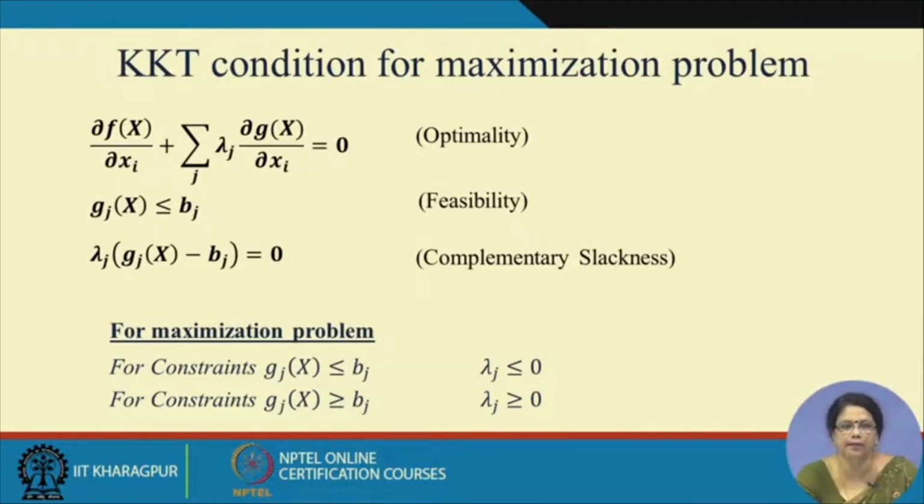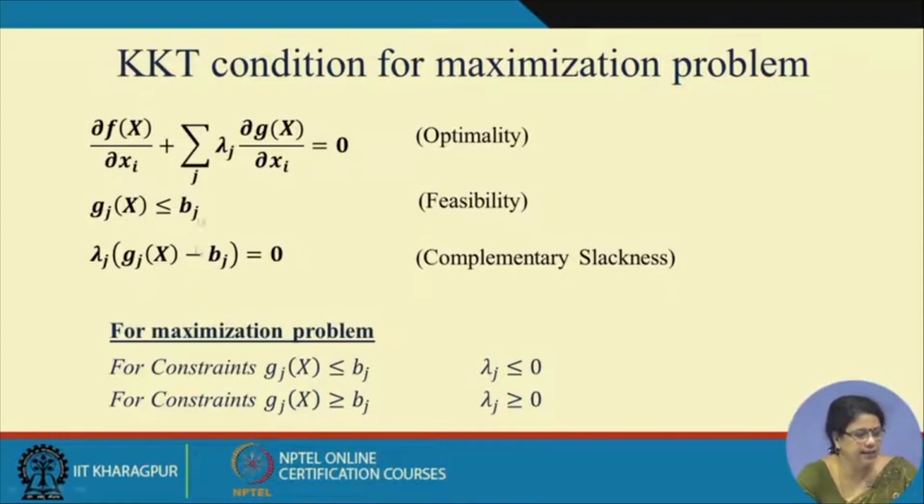When we have the nonlinear programming problem, maximization of f(x) subject to g_j(x) either less than or equal to b_j or g_j(x) greater than or equal to b_j, here the g functions and the f function are all nonlinear functions. Here also, after taking the first order derivative with respect to different variables, we will get the KKT conditions: optimality condition, feasibility condition and complementary slackness conditions.